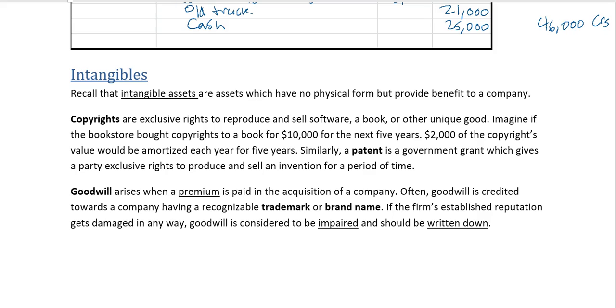Goodwill arises when a premium is paid in the acquisition of a company. Often goodwill is credited towards the company having a recognizable trademark or brand name. If the firm's established reputation gets damaged in any way, goodwill is considered to be impaired and should be written down. So let's say you took over a business a couple years ago, someone was retiring, they wanted to sell, you got a good price for it.